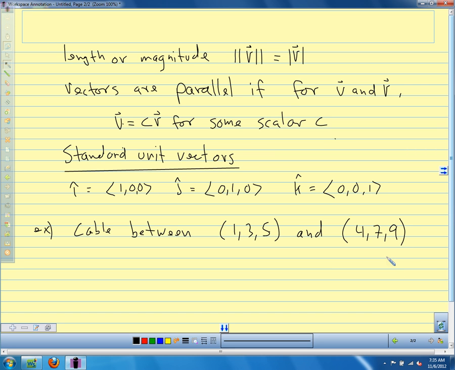So we have a cable between these 2 points, and we know the tension in the cable. Let's say the tension in the cable is 50 pounds. And we want to represent the tension in the cable as a vector.